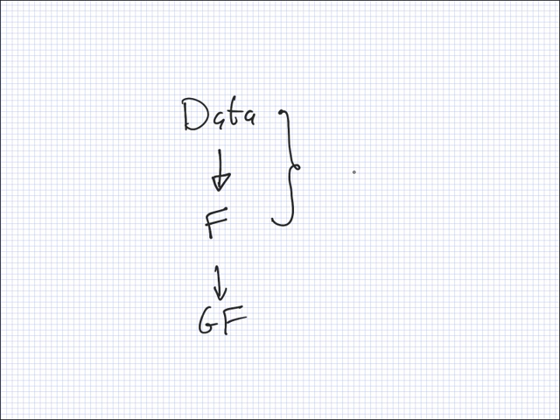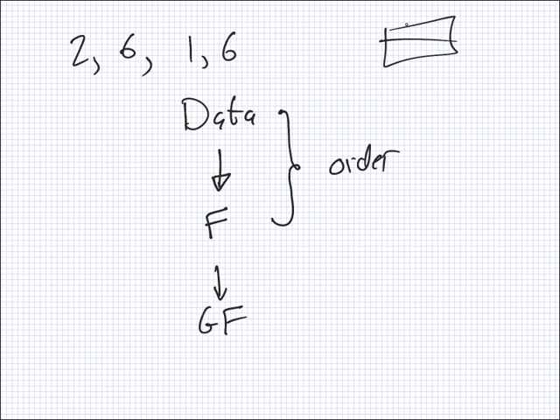It might seem like you don't lose any, but you actually lose the order. If you have the data 2, 6, 1, 6, etc., and you put it into a table, you don't know which was first, second, and third. But if you don't care about the order, then that's fine.